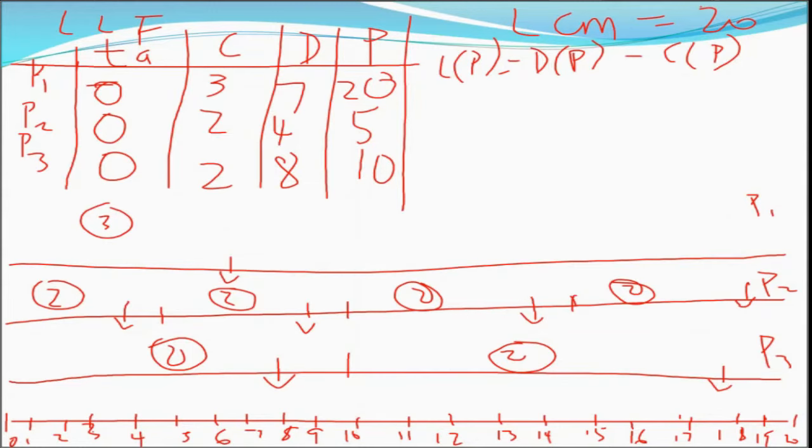So the difference between that. So for P1, the deadline is 7, and the starting point for P1 is 0. But assuming that the starting point for P1 is 2, it means it's going to be 7 minus 2. Do you understand? Okay, so that is for the dP part.